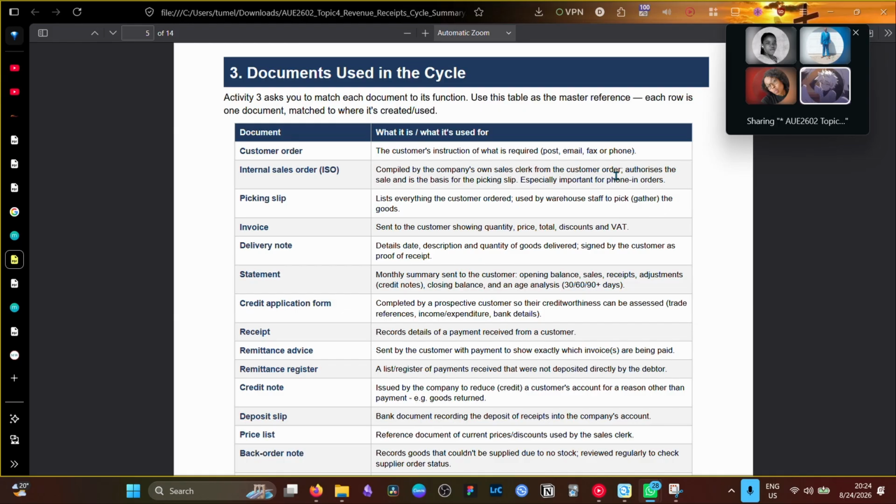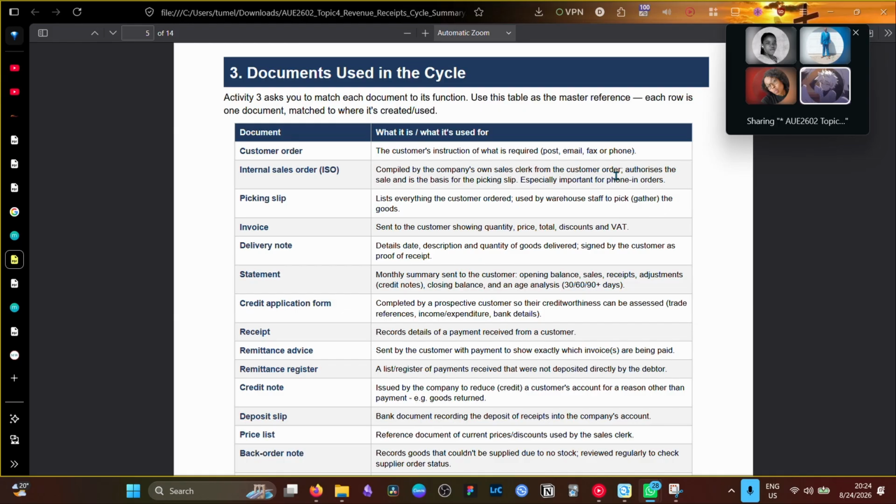So that is warehouse and dispatch. I think the internal sales order is in the sales authorization, which is credit management, and you could argue it's also in the warehouse.